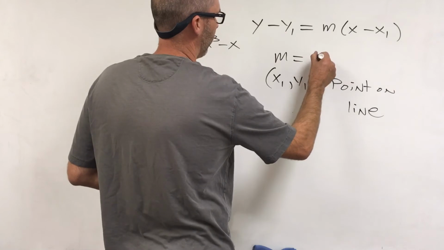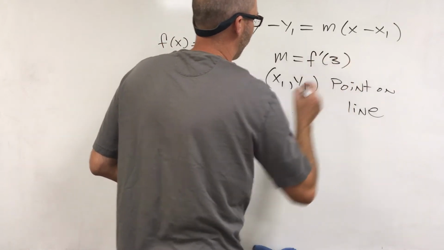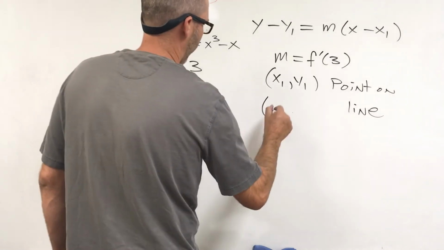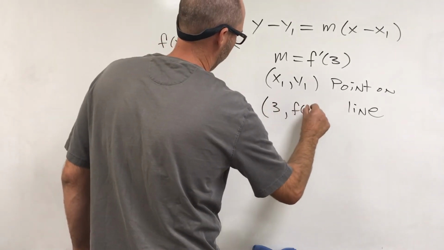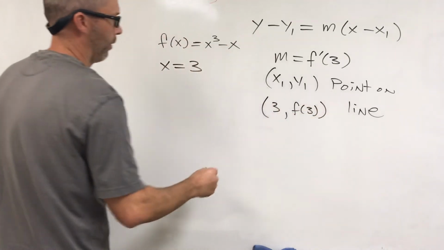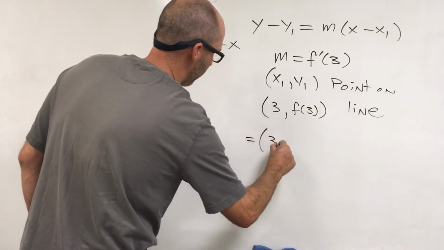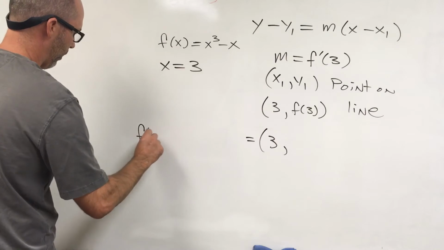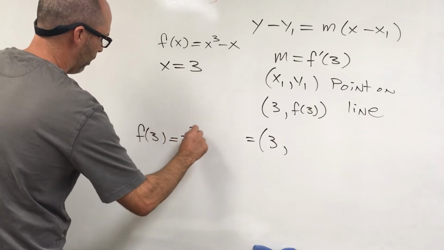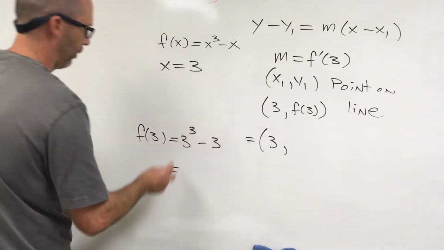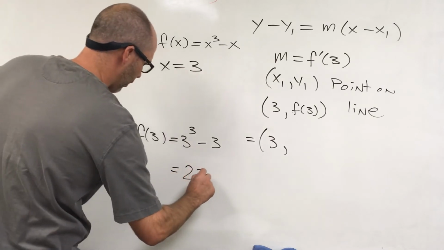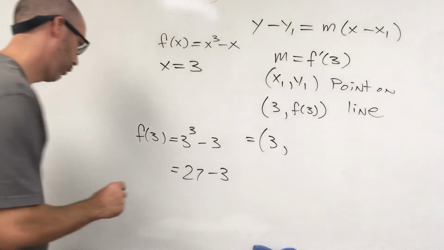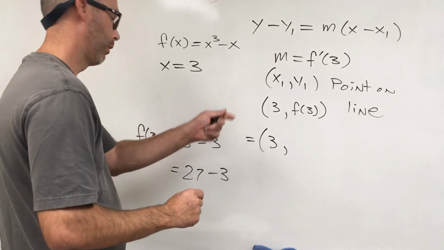All right, so m is going to be f prime of 3. And our point at 3 is 3, f of 3. Let's see, what's f of 3? f of 3 is 3 cubed minus 3. Let's see, what's that? 27. 27 minus 3 is 24. Yes, 24.